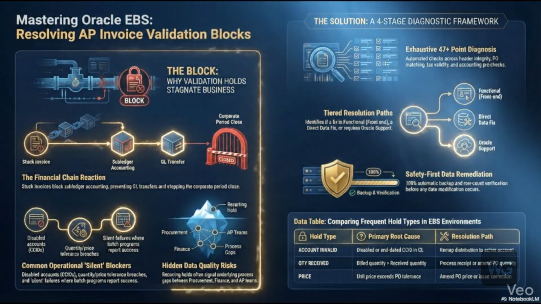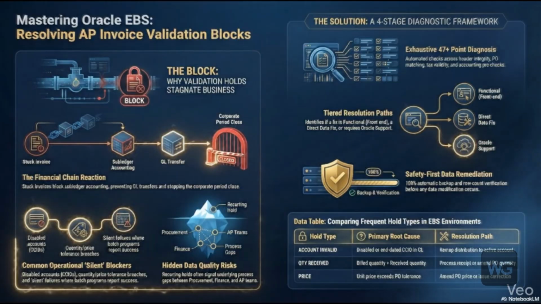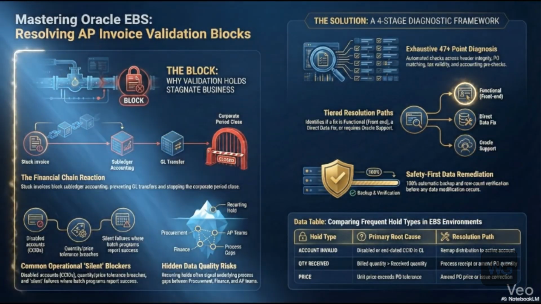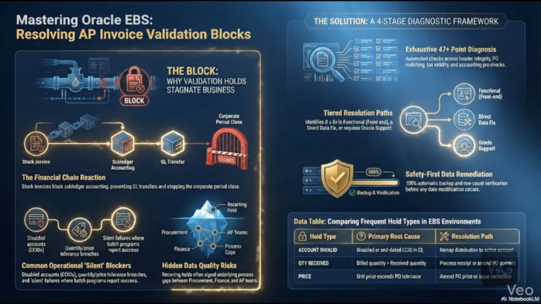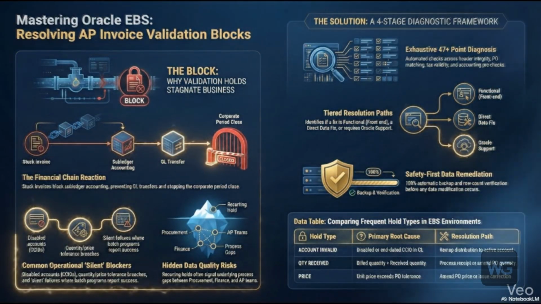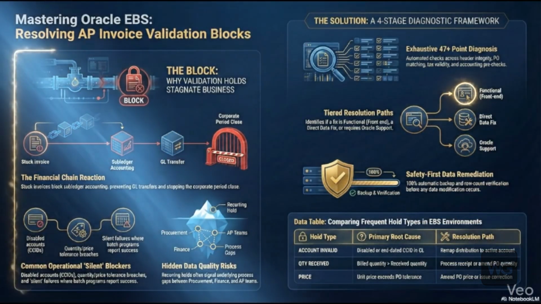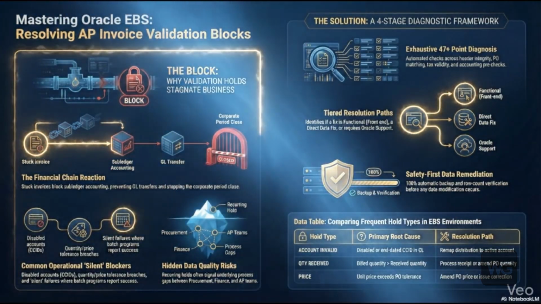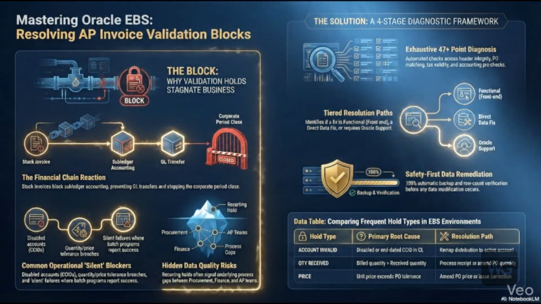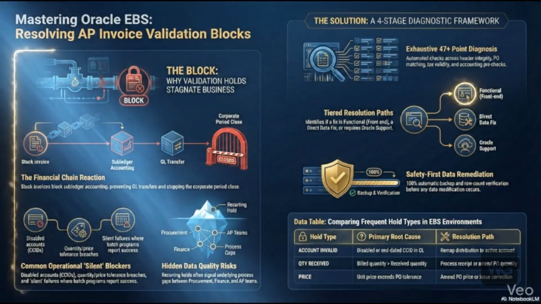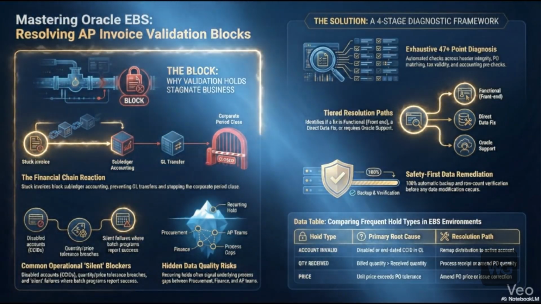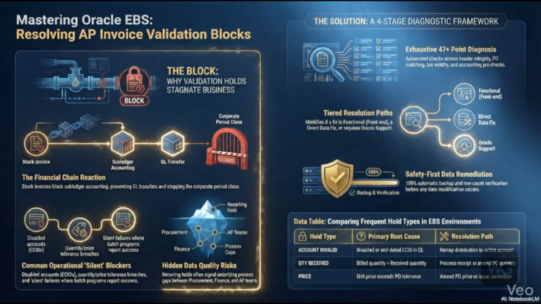If the tools are smart enough to diagnose the error, fix the data safely, and write their own documentation, how long until they just do it entirely without us? Exactly. Are we moving toward a world with a self-healing ledger, where the month-end close is just a notification that pops up on your phone while you're sleeping, telling you the system self-corrected an error you didn't even notice? That is the absolute dream. Something for you to mull over next time you're stuck late at the office. That's it for this deep dive.